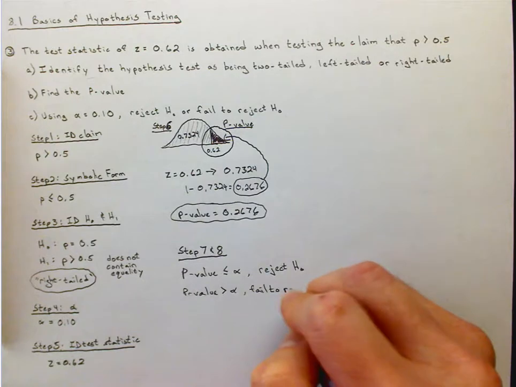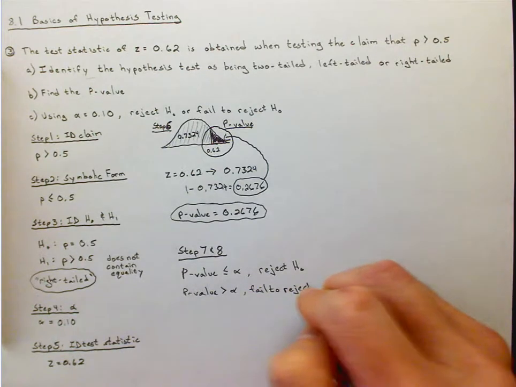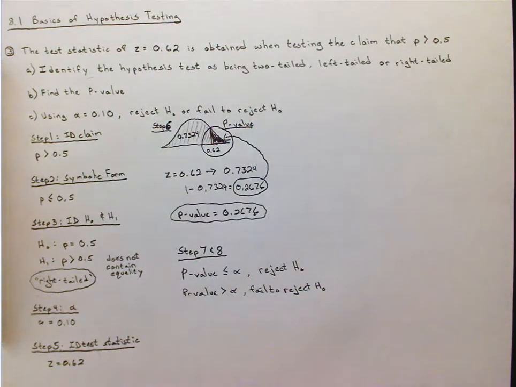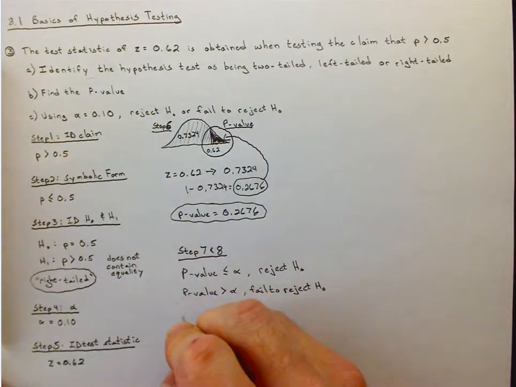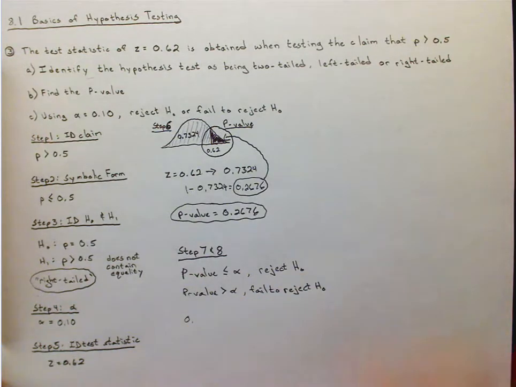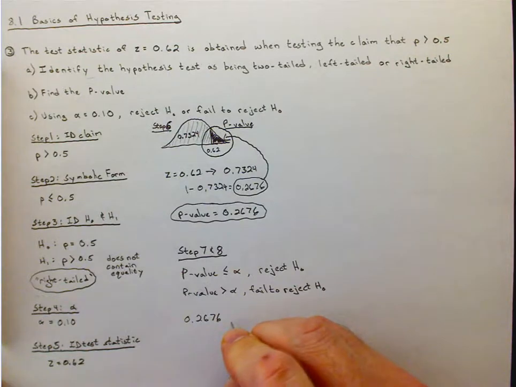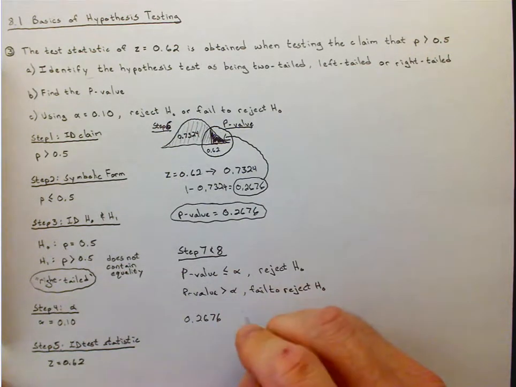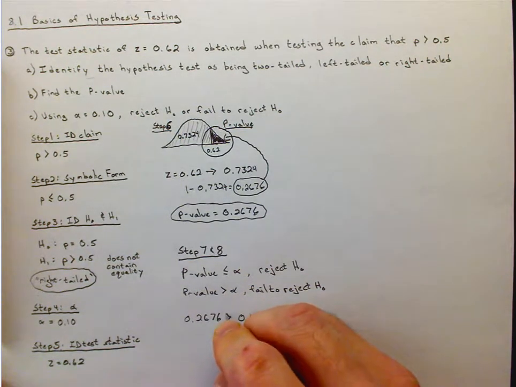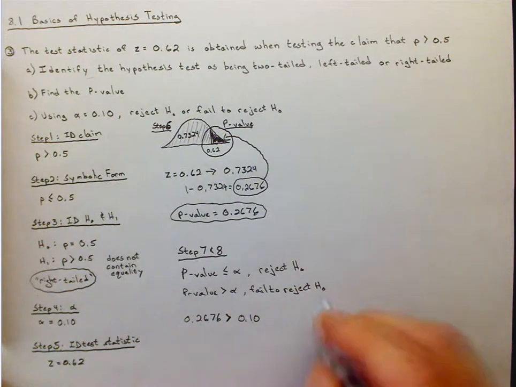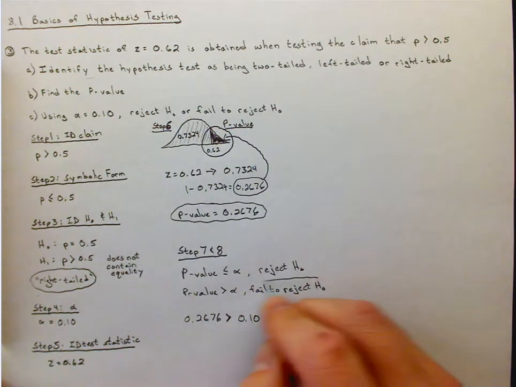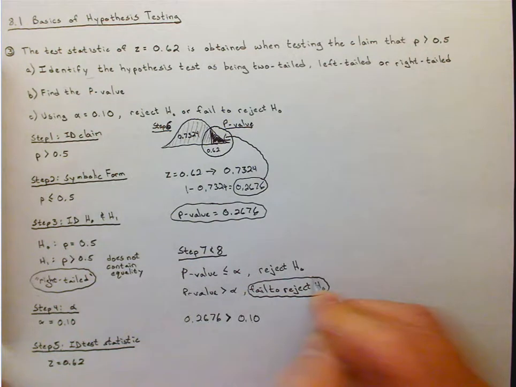If the p-value is greater than alpha, we fail to reject the null hypothesis. So I take my p-value and I write it down, and I leave a space for my inequality symbol, and then I write down my significance level, 0.10. This is greater than this, so it goes this way. So what does that tell me? It says fail to reject. I fail to reject.